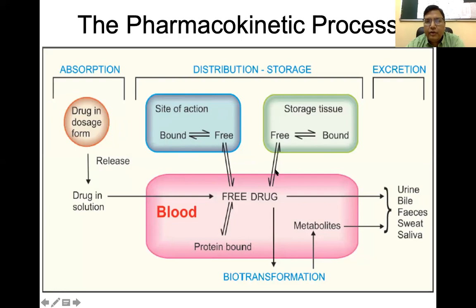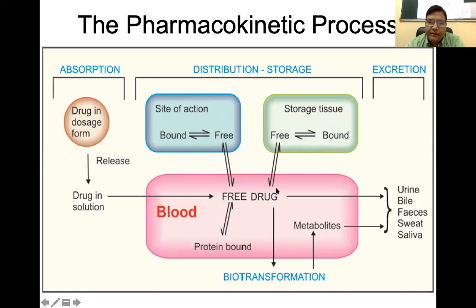The free drug can also go to the storage tissues where it binds as per its affinity and remains for a longer duration, and is then slowly released back into the circulation and produces the effect also.